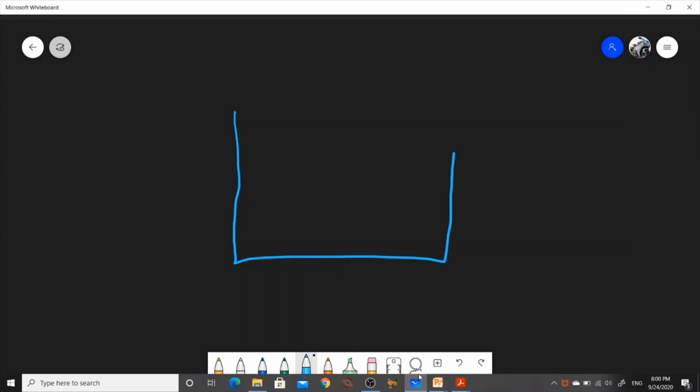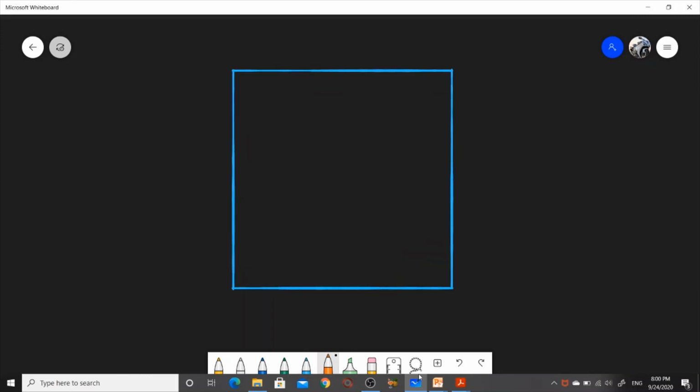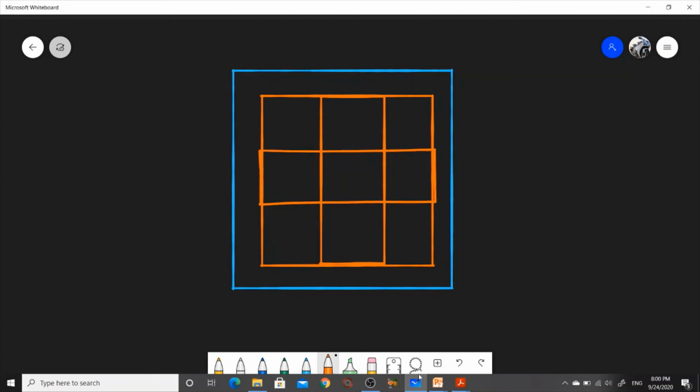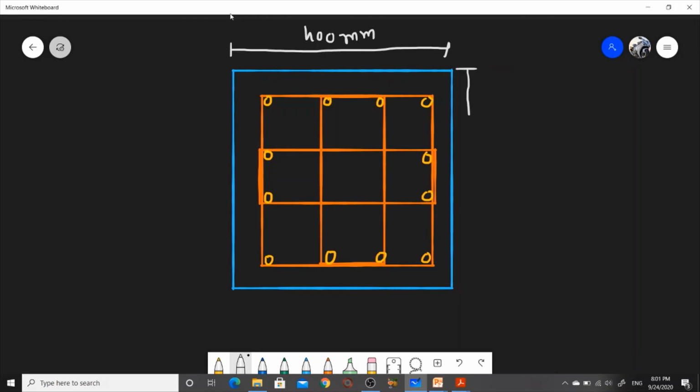So let's draw the cross section. Here are the stirrups, and the bars: one, two, three, four, five, six, seven, eight, nine, ten, eleven, twelve. Here is the column dimension 400 mm, and here also column dimension 400 mm.